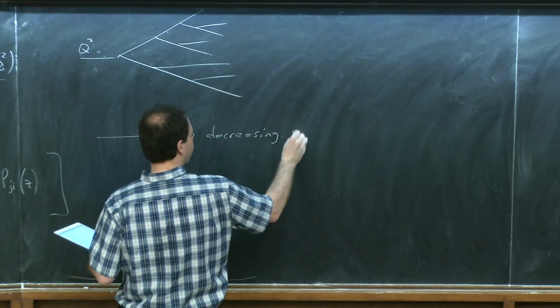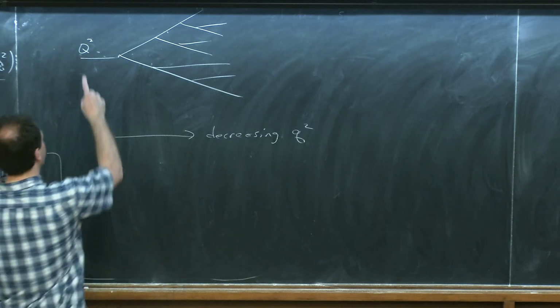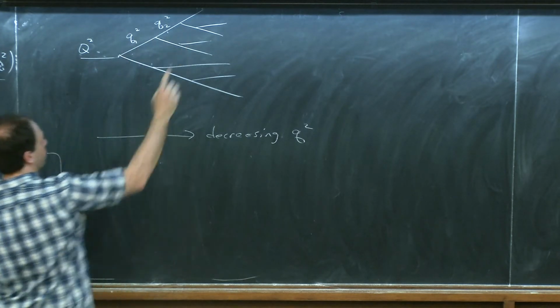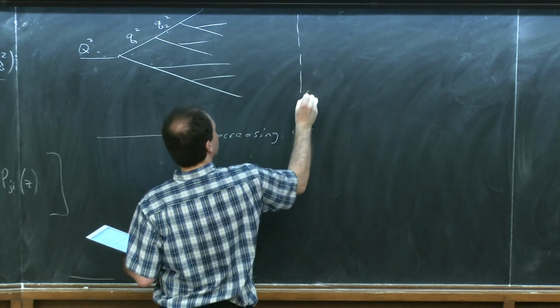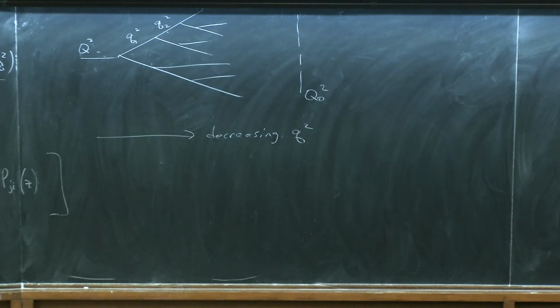So q squared is your kind of time variable for the shower, how you go down the shower. So you go from capital Q squared to some Q1 squared to some Q2 squared, where they're decreasing. And then eventually you stop the shower when you get to that Q naught squared. And you don't shower anymore. Okay, that was the cutoff.